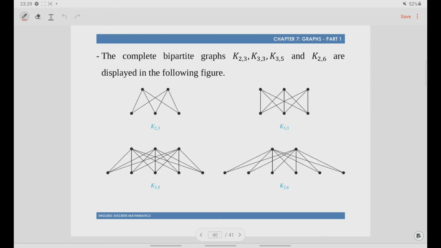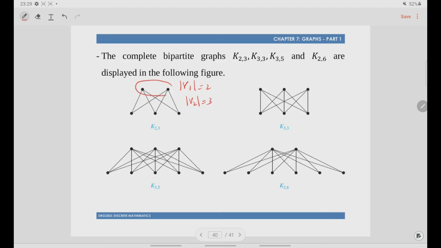The complete bipartite graphs for K23, K33, K35, and K26 are displayed in the following figure. As you can see, for K23, that means the vertex set V1 has cardinality equal to 2, and the vertex set V2 has cardinality equal to 3, as you can see here.